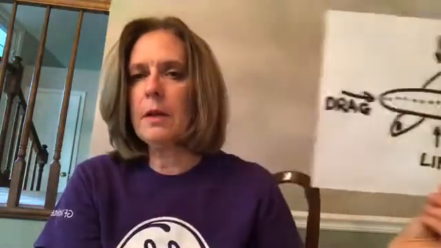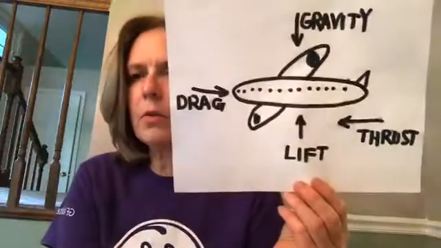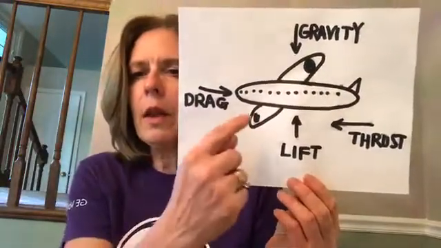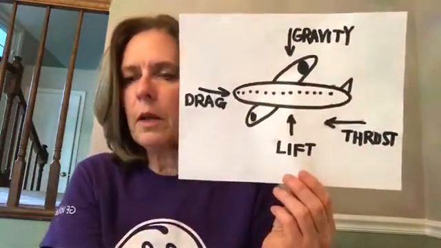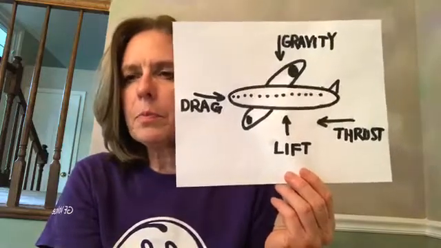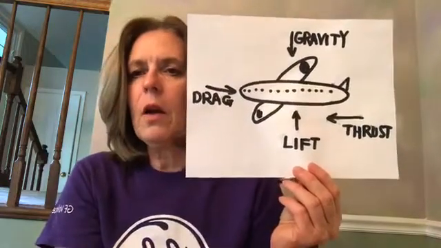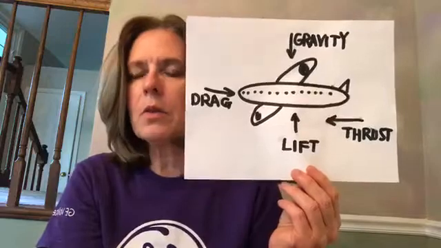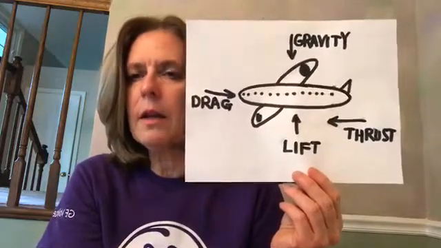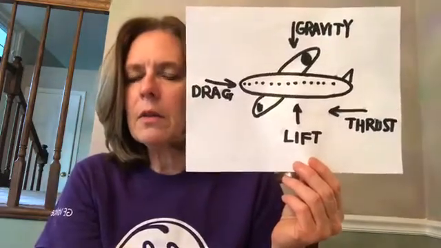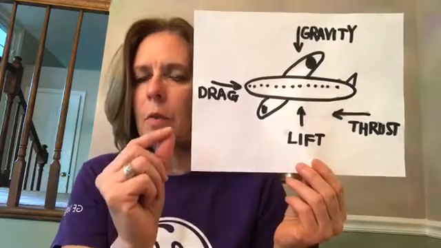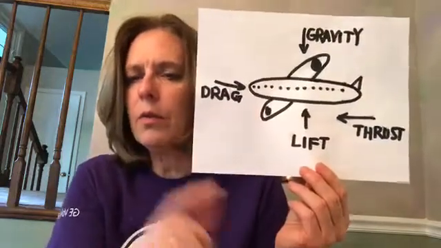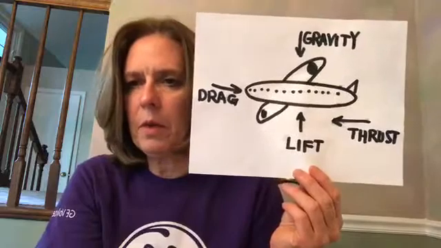So as the airplane moves quickly through the air, the air rushes over the wings, and Bernoulli's principle tells us that the way that the wings are designed, the speed varies of the wind, how much it's passing over the top versus the bottom of the wing.